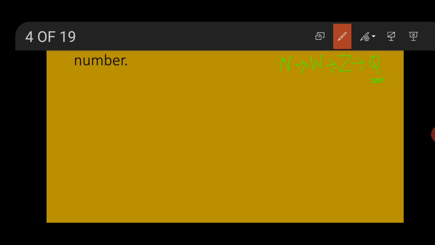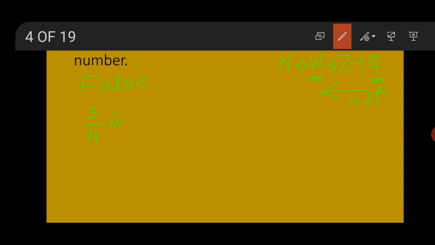Is the reverse process true? This is rational and this is whole number. Is it possible? No. So the given statement is wrong or false. False statement, because the reason is what?